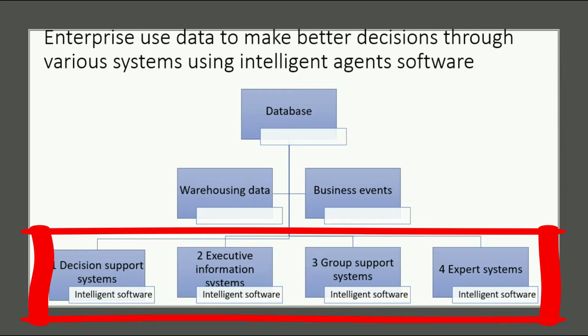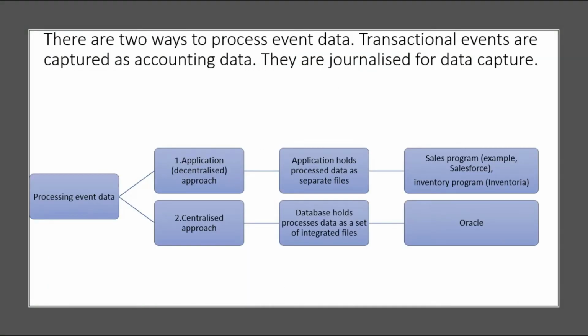To support analysis of this data, enterprises use intelligent software or sets of instruction software, and these software, depending on the purpose of their use, are called decision support systems, executive information systems, group support systems, and expert systems.